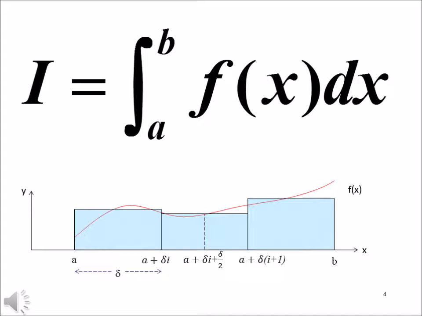The complete integration then can be approximated by the summation of rectangular regions from a to b by aligning the rectangles so that the upper midpoint of each rectangle intersects with the function. This has the advantage that errors on each side of the midpoint tend to cancel each other.